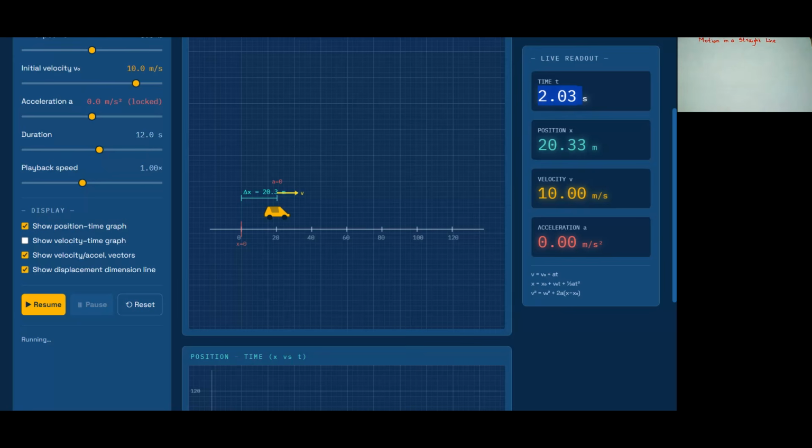So for every 1 second, exactly 10 meters of position is traveled by that car. Clear? So this is called velocity. Velocity means the rate of change of position. Time changes, position changes, so there is motion.